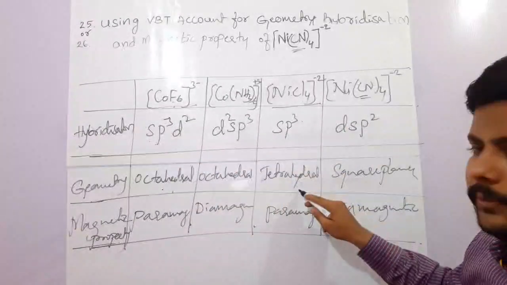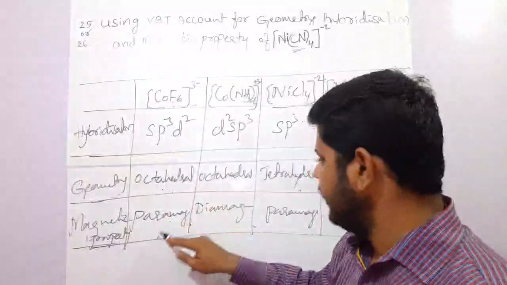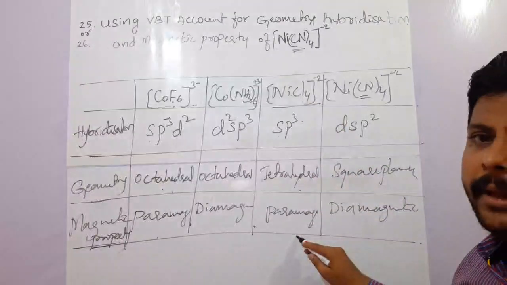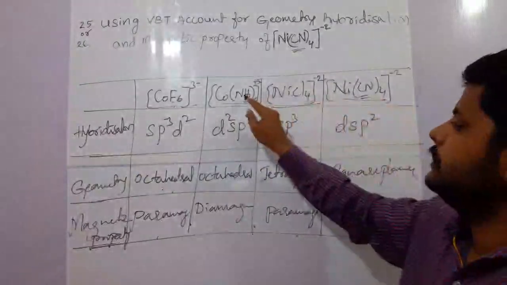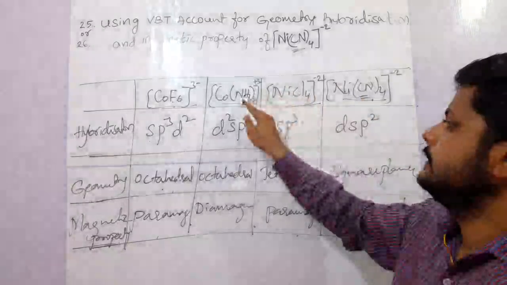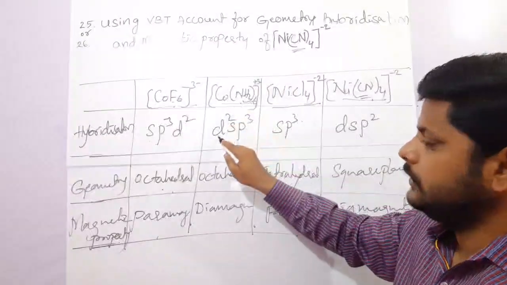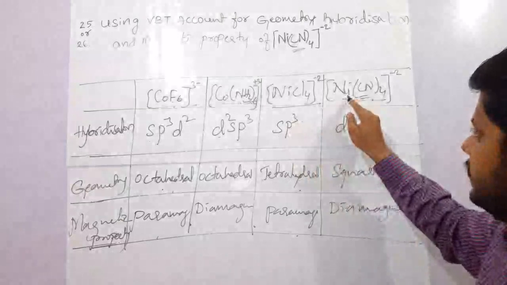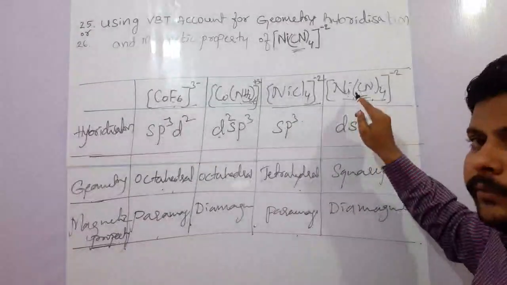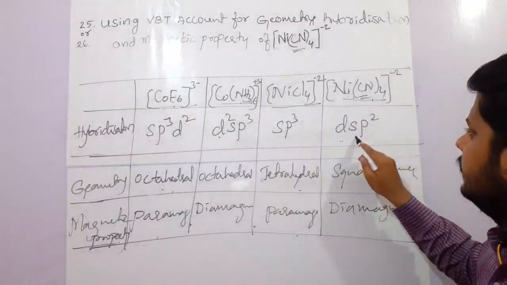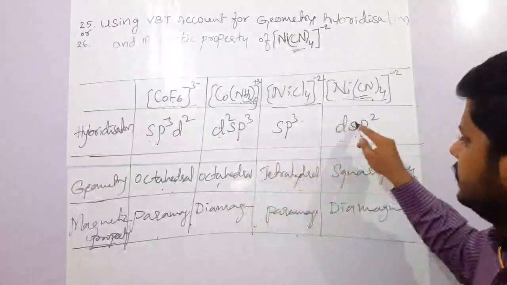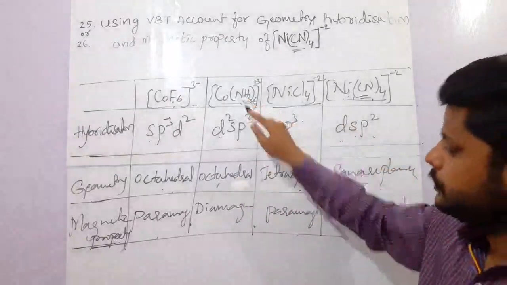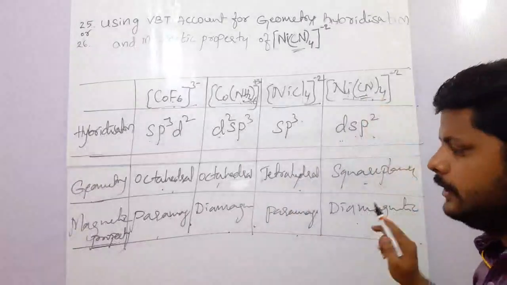Based on this, the geometry is octahedral and square planar respectively. Strong ligand: diamagnetic.